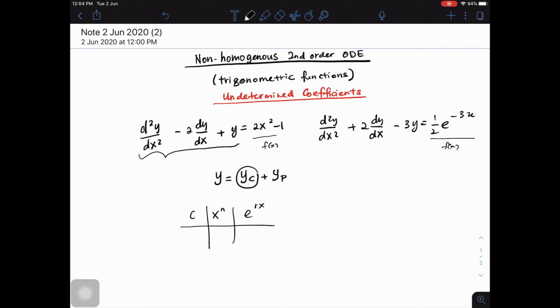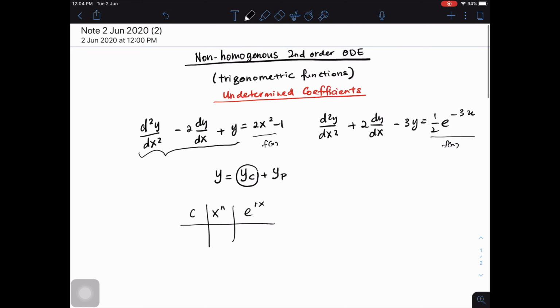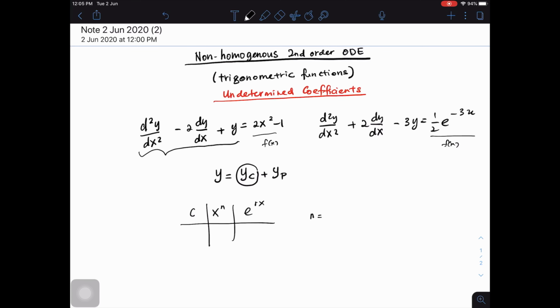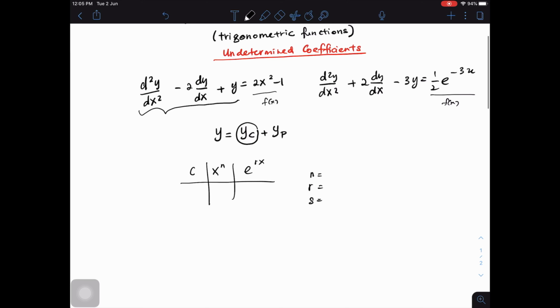So you can have a value of n, a value of r, and a value of s. Therefore, you can rewrite your yp in terms of x to the power of s, (a_n x^n plus ... plus a naught) e to the power of rx. But this is only applicable for the fx which involve polynomial and also exponent.